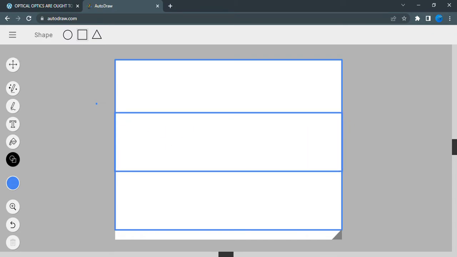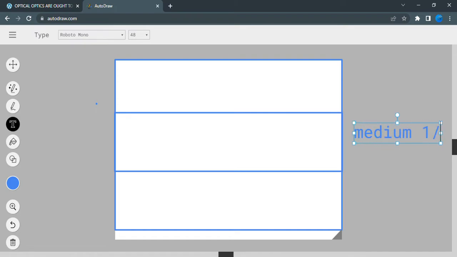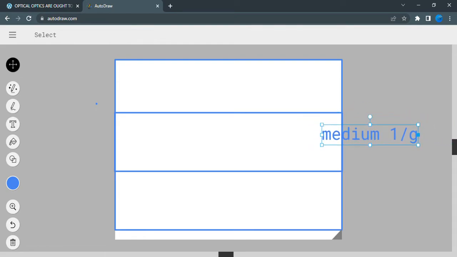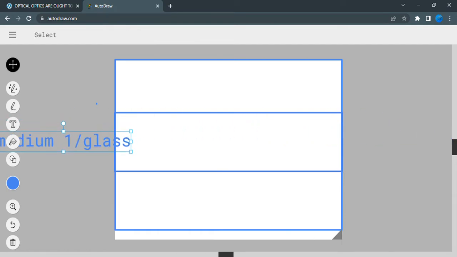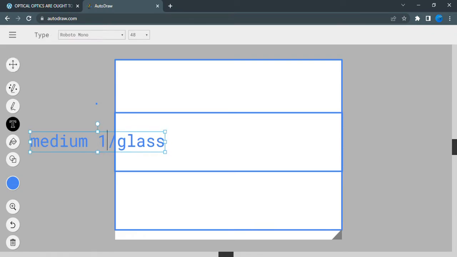Again, let's take this to be glass, medium 2 or glass, because the first medium is air, medium 1 or air.